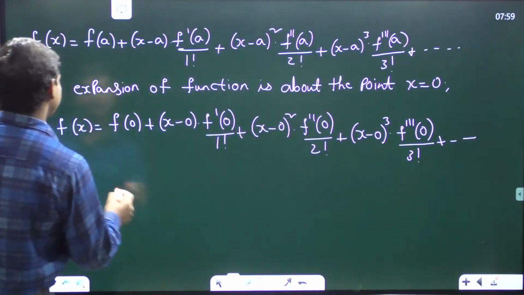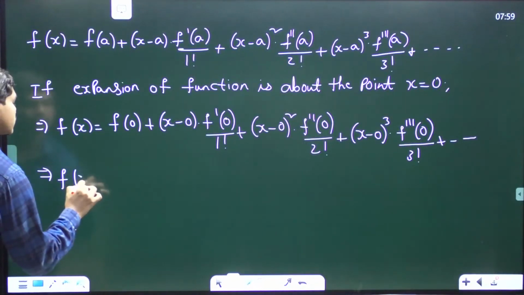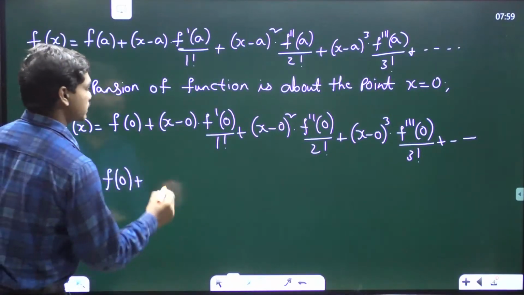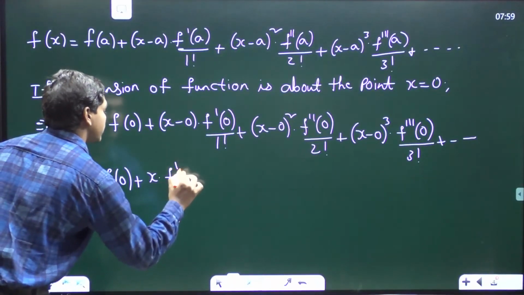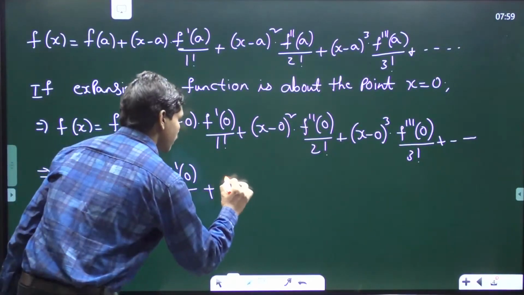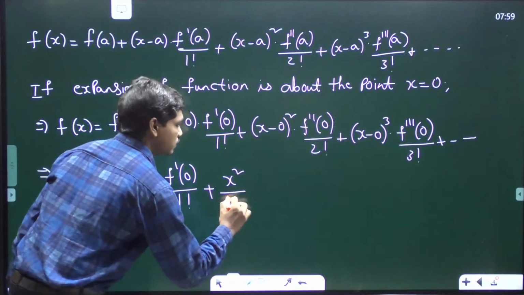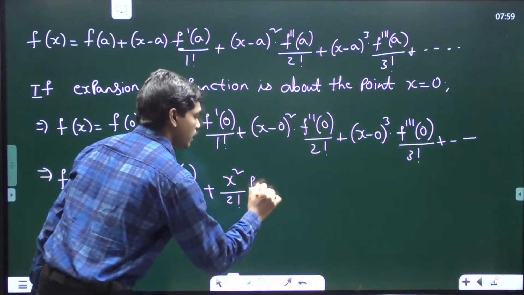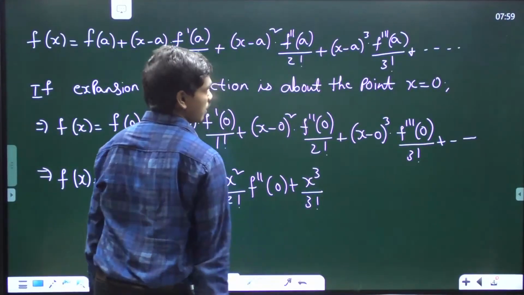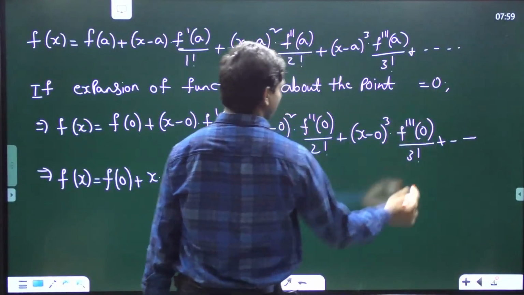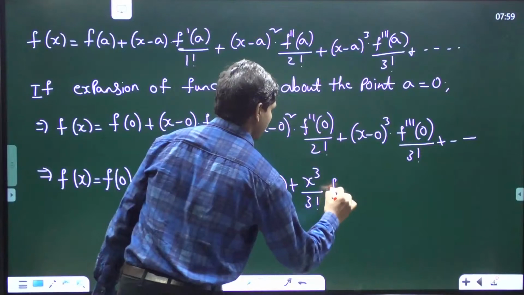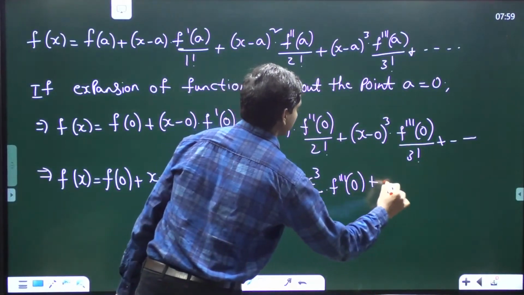If you write it, f of x is equal to f of 0 plus x minus 0, which is x, into f dash of 0 divided by 1 factorial, plus x square by 2 factorial into f double dash of 0, plus x cube by 3 factorial into f triple dash of 0, plus and so on, about the point a is equal to 0.